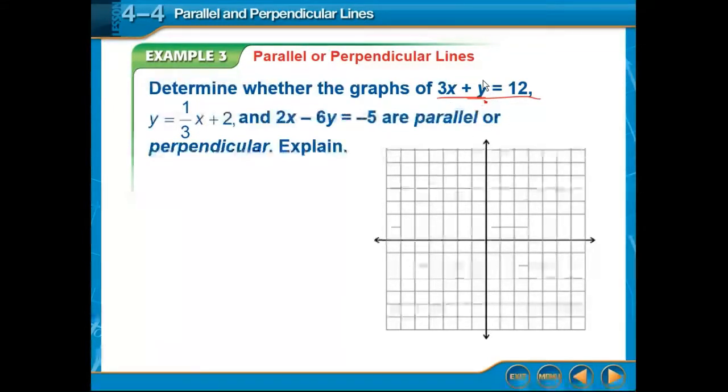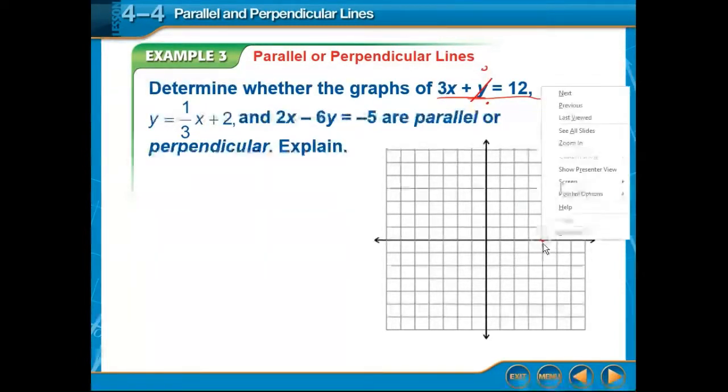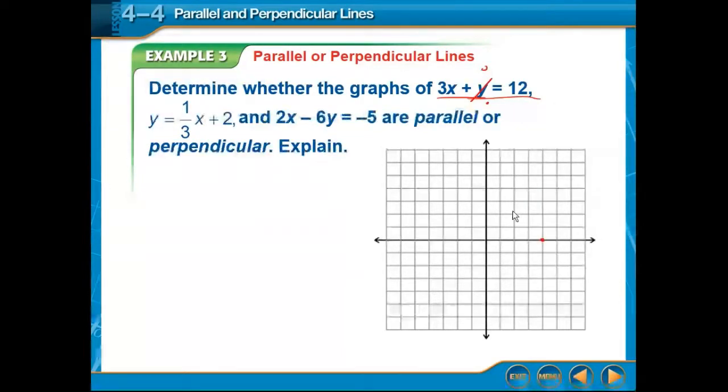And the x-intercept, before we put in 0 for x and got y is 12, now if I put in 0 for y, my x is 4. So we have 3x equals 12. So this is going to be one of my lines. Kind of like that. Try your best to draw it better than I.